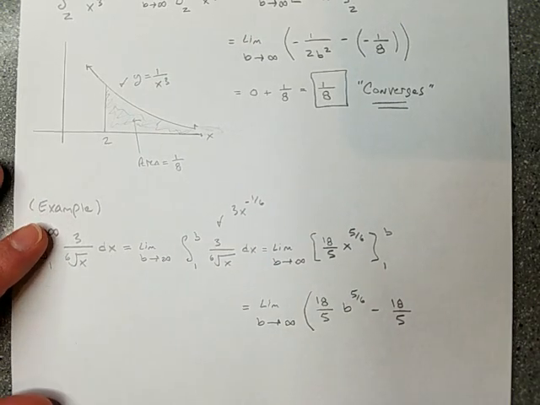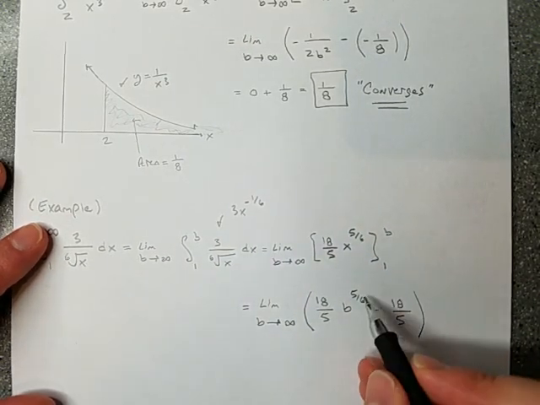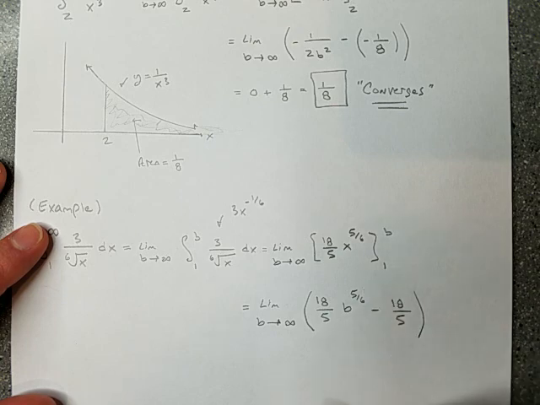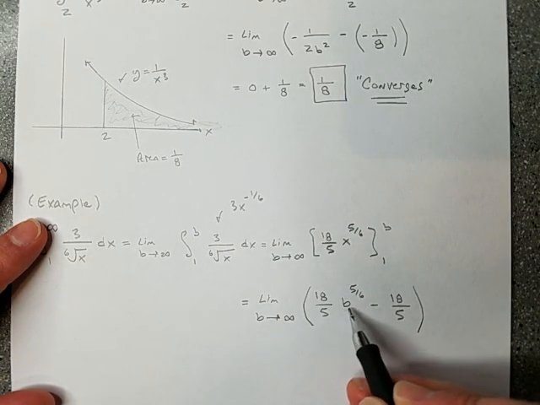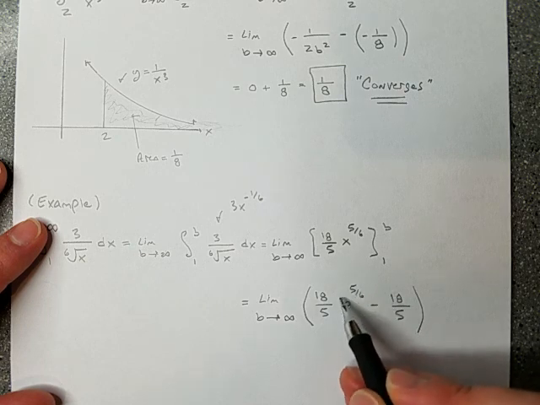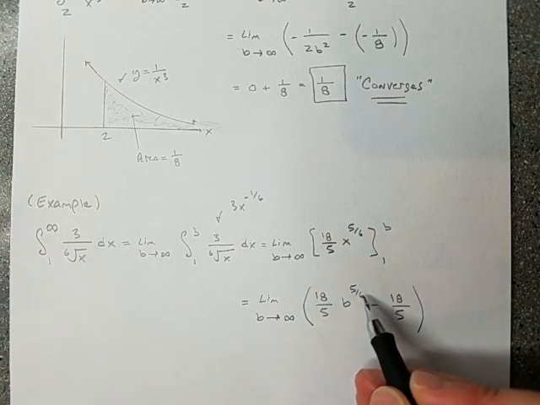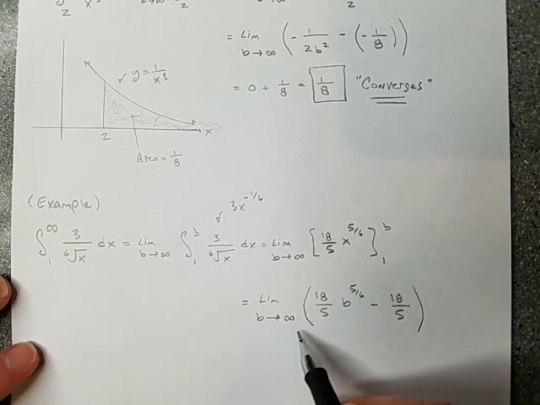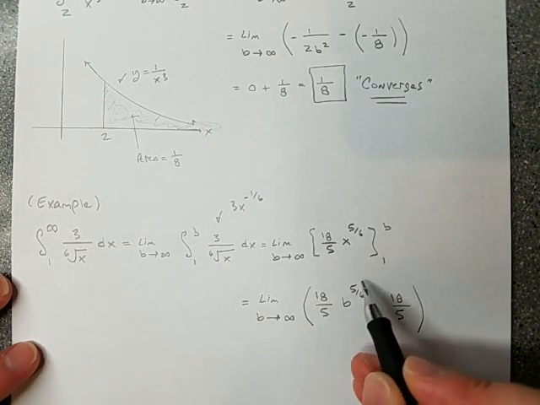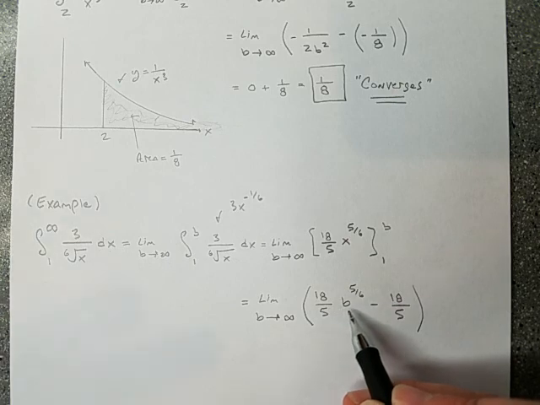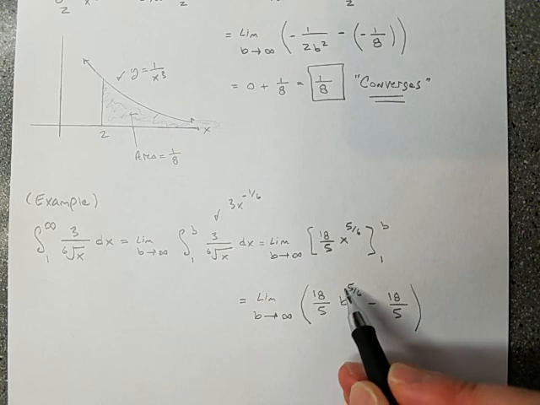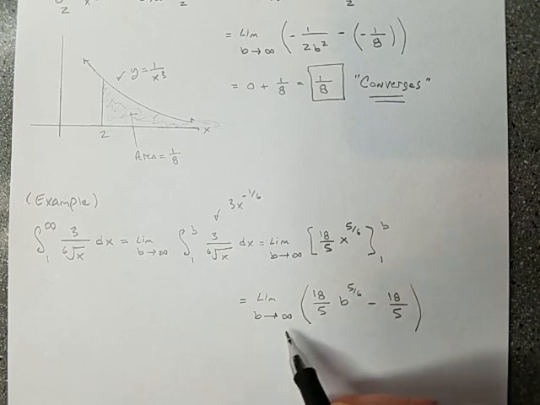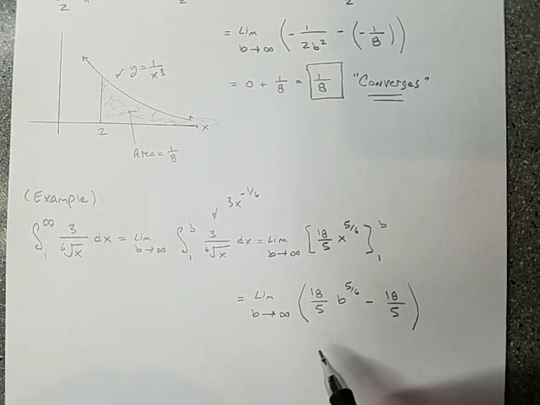Okay. Now, this power is a positive number. And the larger I make b, the larger b to the 5 over 6 power is going to calculate. So the larger b is, the larger this number is without bound, it goes to infinity. 18/5 times b to the 5 over 6 power as b goes to infinity, that goes to infinity.